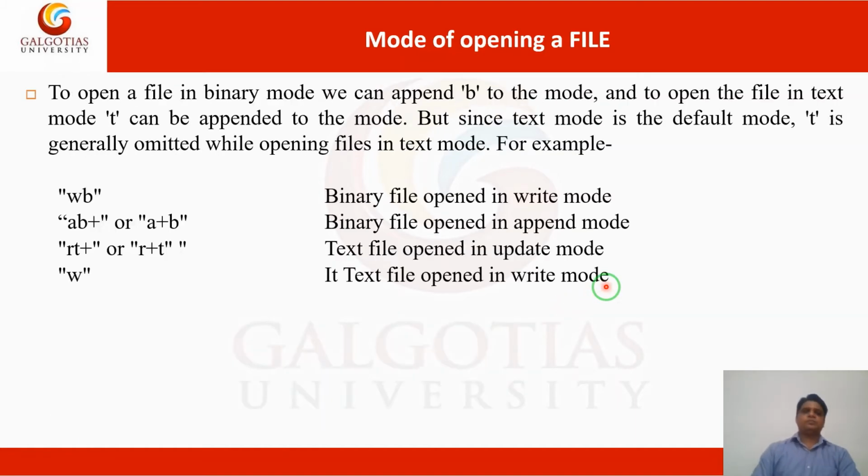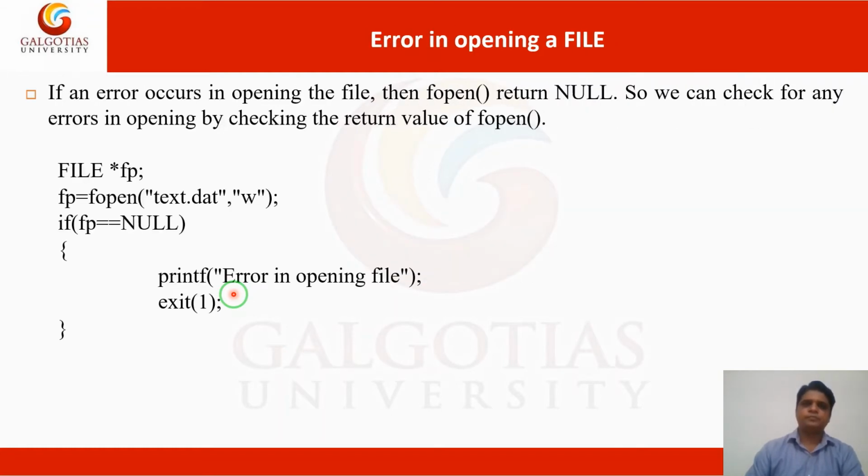Okay, now if you want the file to be handled in binary mode or text mode, t for text, you will use WB, AB plus, A plus B, RT plus, R plus T. For example, W B opens a binary file in write mode, and there are append mode and update mode for text files. So whatever you want to perform, if you want to create a binary file, then you will have to use B: WB, AB plus, whatever. Okay.